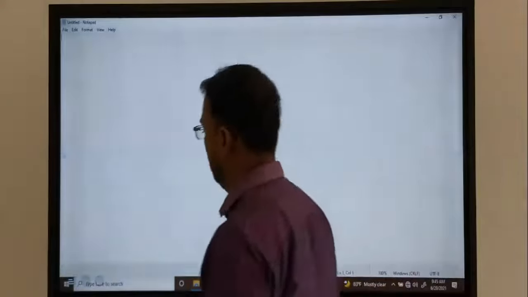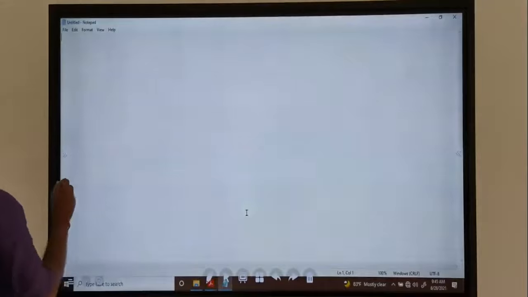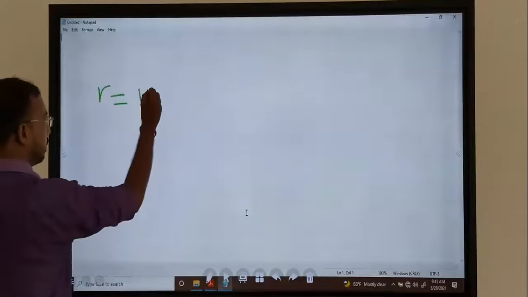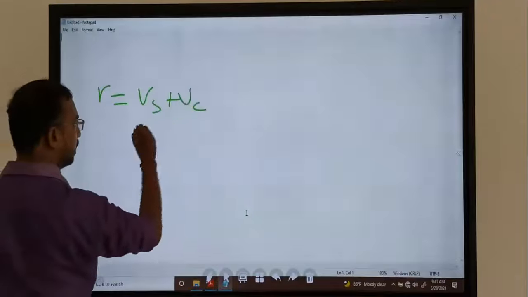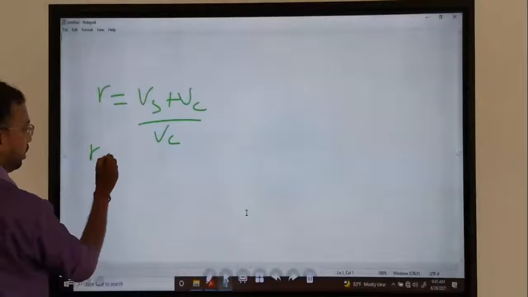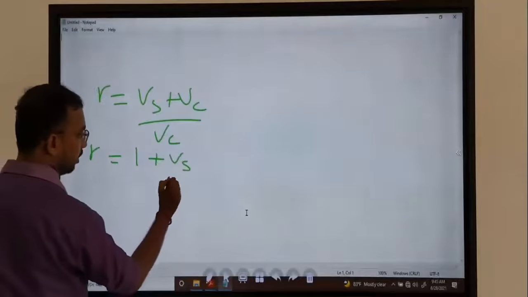So first we know the equation, the compression ratio equation. That is r equals 1 plus Vs by Vc, that is (Vs + Vc) / Vc.